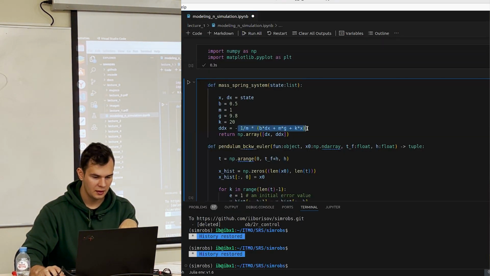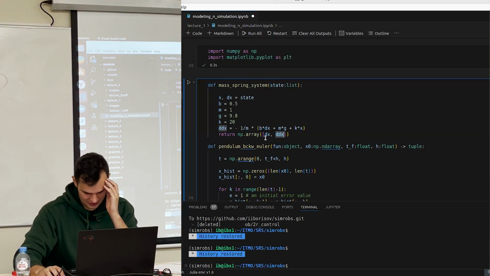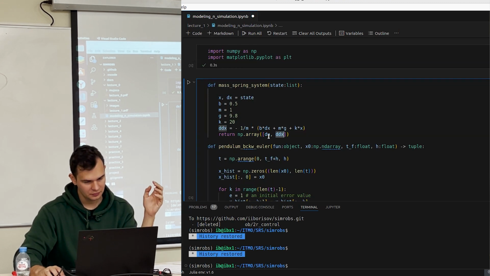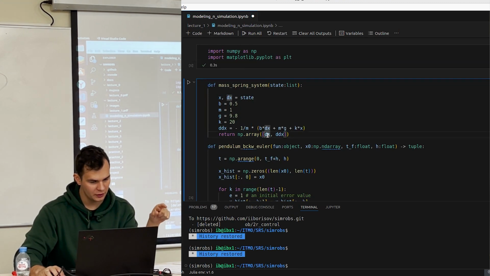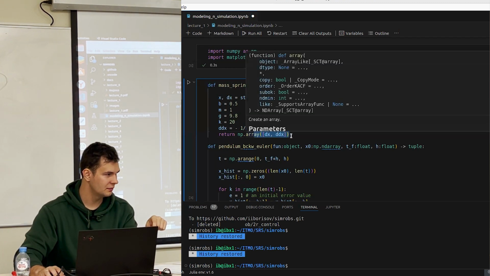And this is the x double dot, the acceleration. And since we need to return the state vector, we need to put there velocity and acceleration. So it's x dot, right?